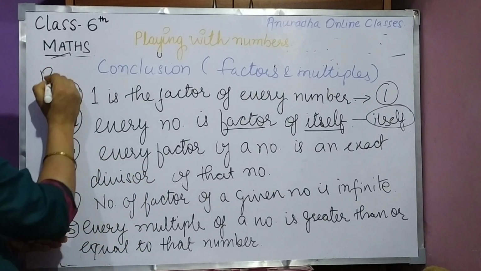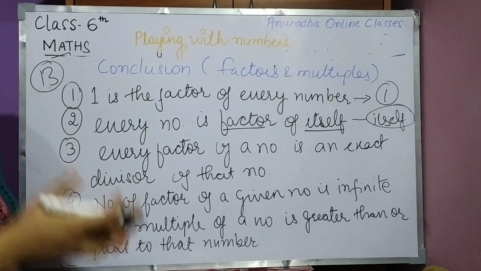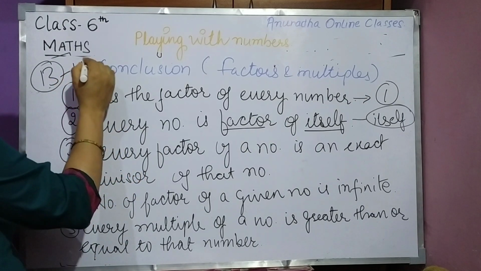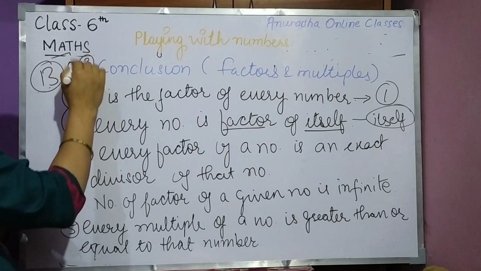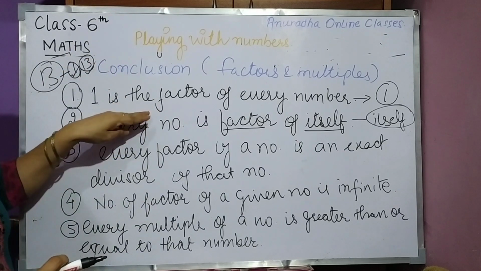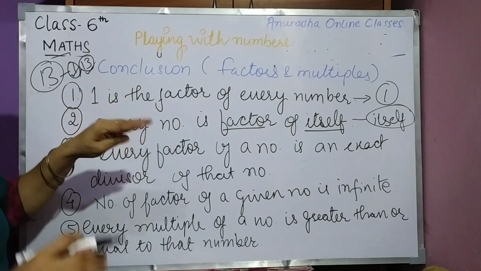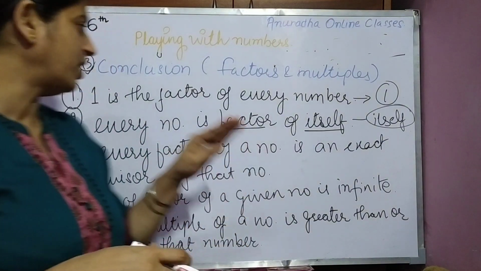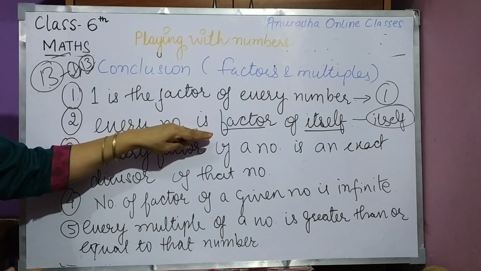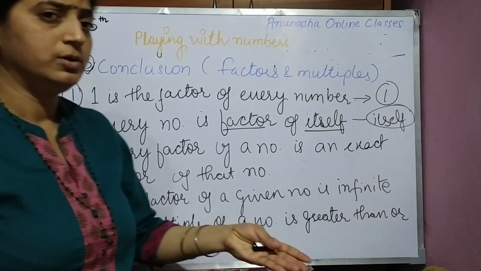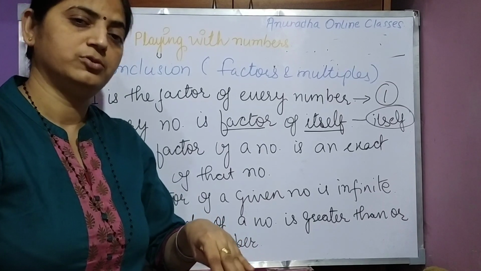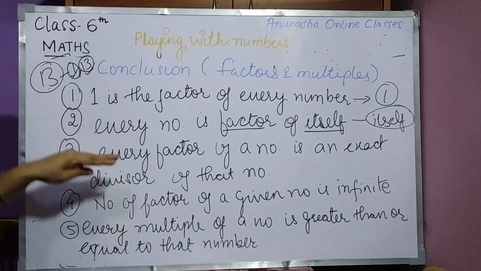Suppose 13 I have written as a number. तो 13 is the factor of itself. इसके दो ही फैक्टर होते हैं 1 and 13. तो 1 तो फैक्टर होगा ही होगा and 13 is the another factor. So 1 and 13 are the factors. 1 is the factor of every number and the given number will be the factor of that number, right?